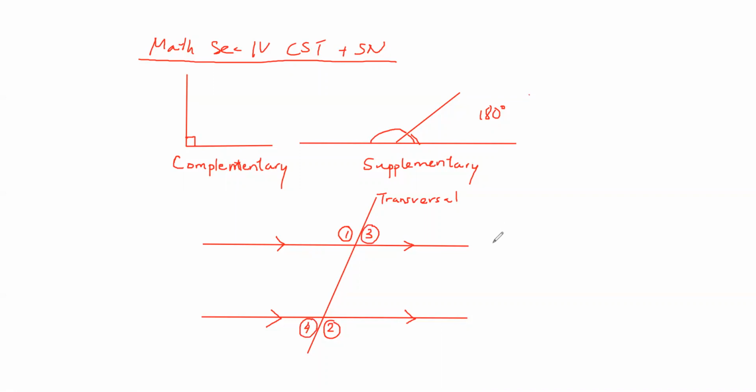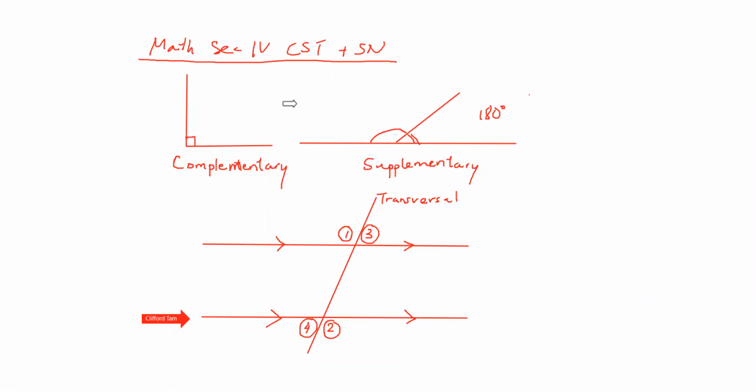If you notice, those two lines with the arrows are parallel to one another, and they remind me kind of like train tracks. You can imagine the angles I just labeled are on the outside of the train track. The train tracks that I'm talking about are this line and this line.